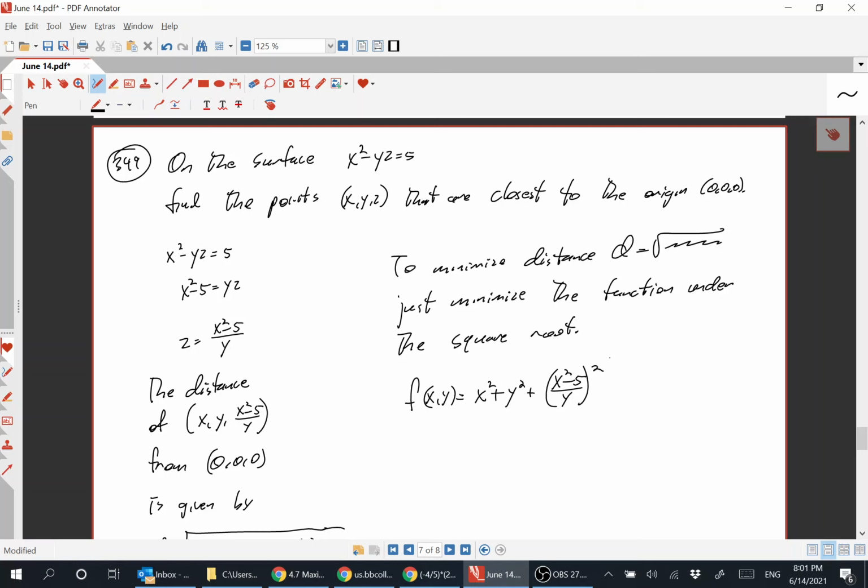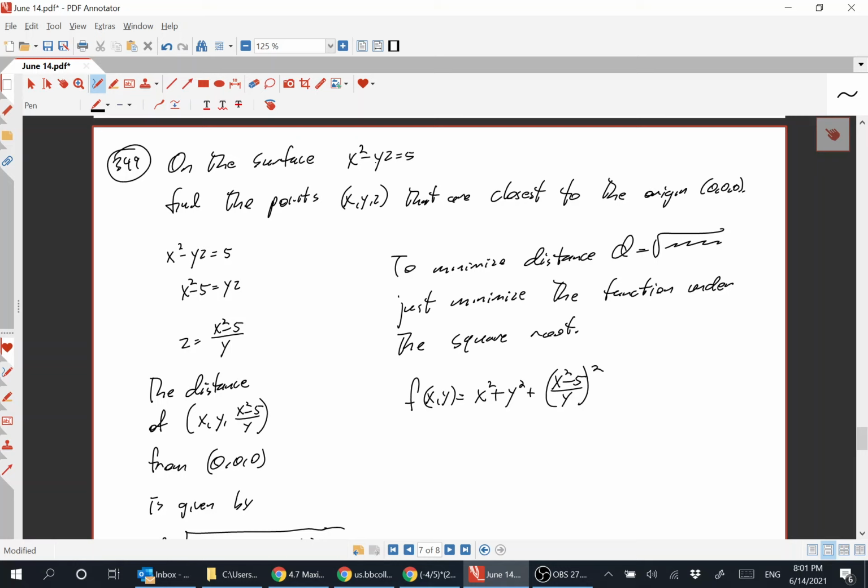Well, aside from avoiding y equal to 0, there are no restrictions on x and y in this function.